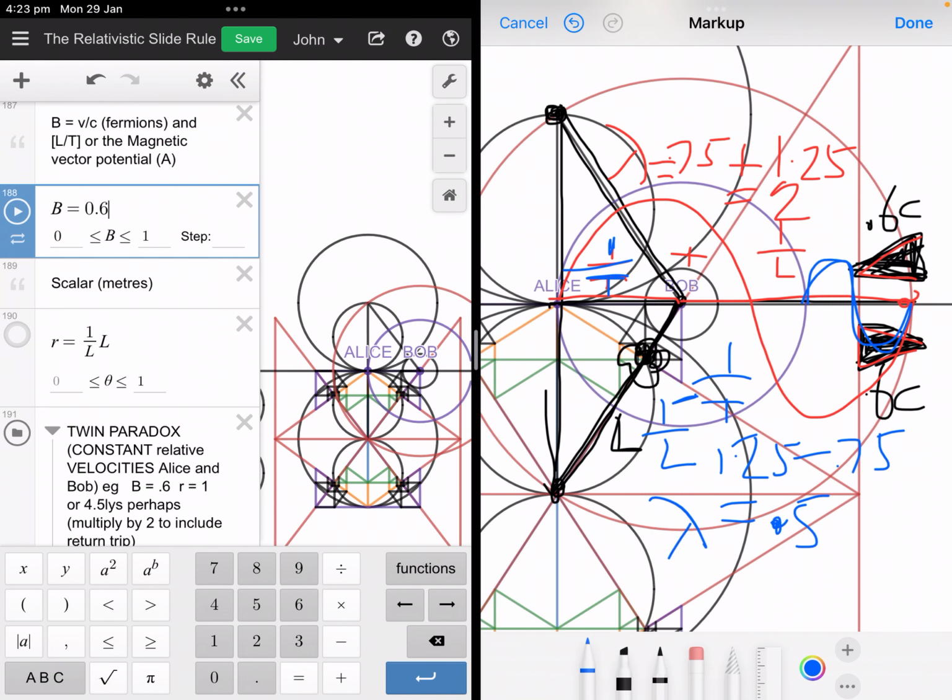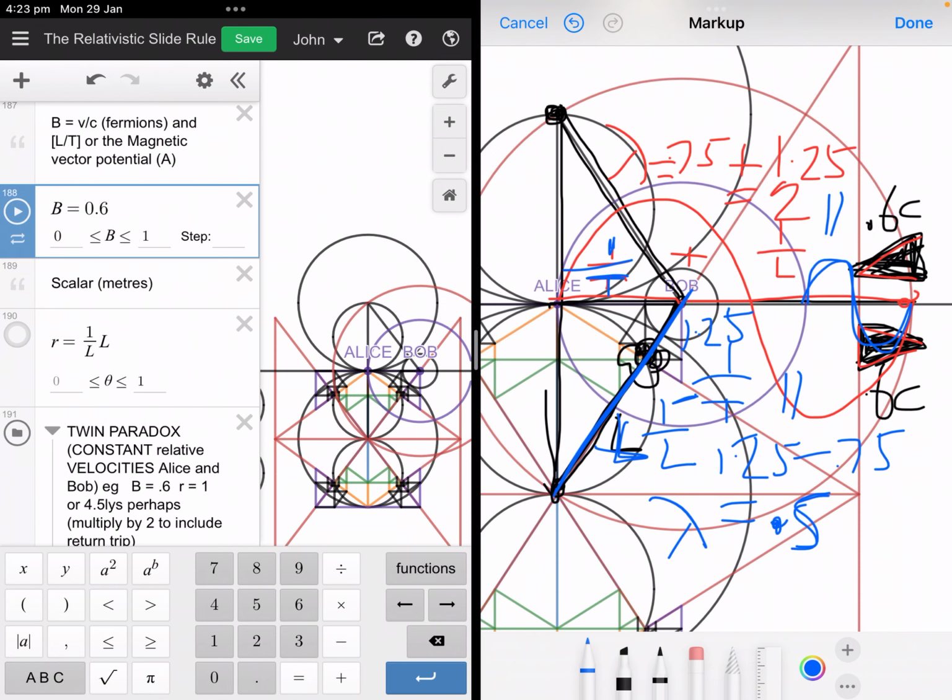So the blue shifted wavelength is 0.5, and we're talking about the parallel direction here, because the perpendicular direction would be a blue shift of L and a red shift of 1.25, which is gamma.